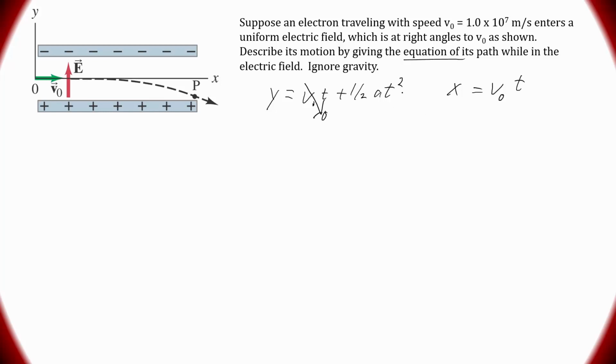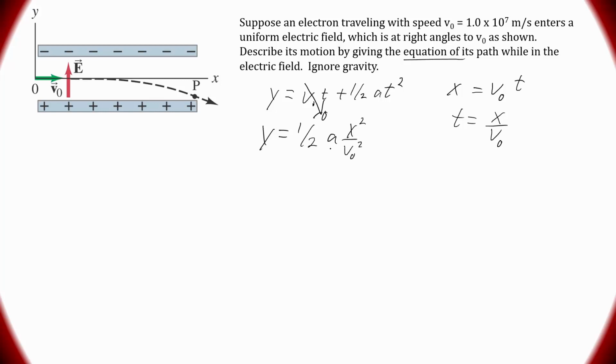But if we want to parameterize or eliminate the parameter from these equations, we can solve this one for t and plug it in over here. So t is x over v naught, so I can get y equals 1/2 times my acceleration times x squared over v naught squared.